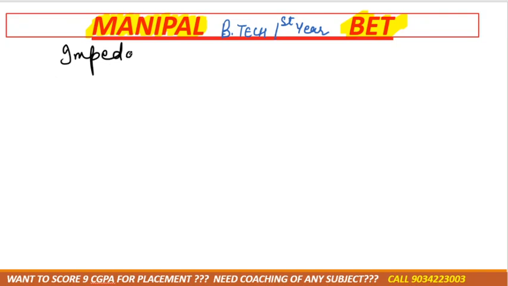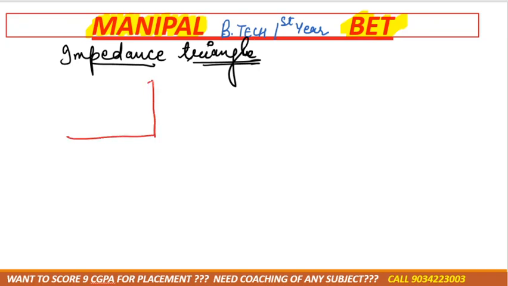Actually in this module we'll have lots and lots of formulas, and very few formulas are given on your handbook. So I'll show you how you're going to learn all these formulas with the help of a single impedance triangle. In this impedance triangle, we'll put all the resistances: in the base we'll have resistor resistance, in the perpendicular we'll have inductor resistance.